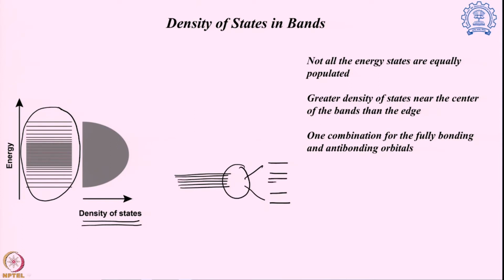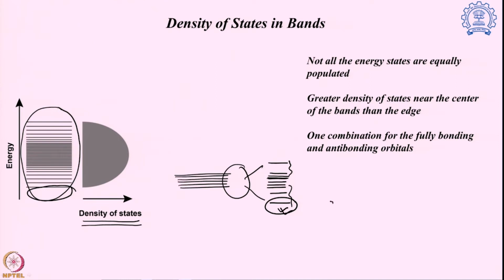At the middle of the band they are quite highly populated, whereas on the edge side they are sparsely populated. Why? That is because if I want the molecular orbital which is the lowest energy possible, I can produce that with only one combination, when all the atomic orbitals are in the same phase.